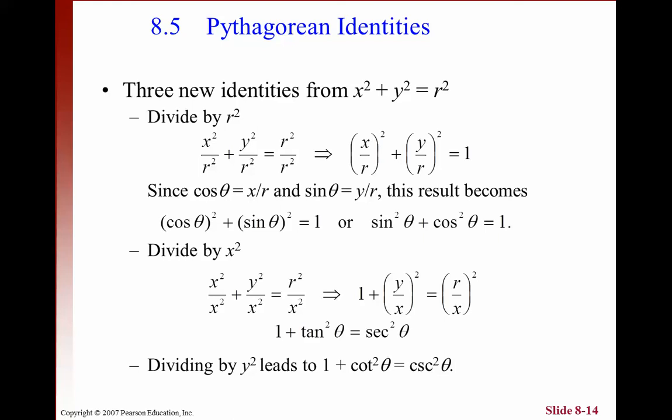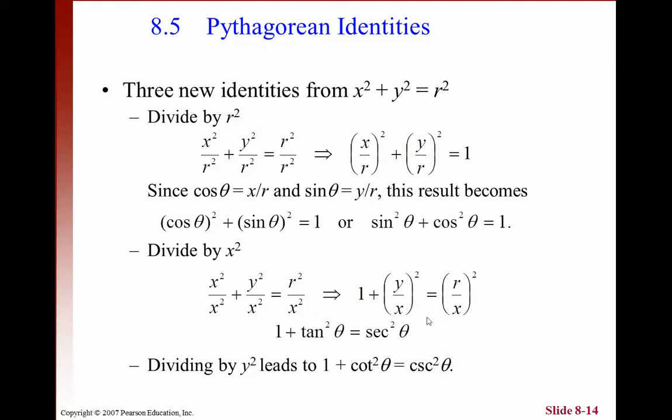It always equals 1. And it's more commonly written like this, where sine squared theta plus cosine squared theta equals 1. But it means that the cosine of the angle is squared and the sine of the angle is squared. It's written like this, but it means this. Okay, so we can do a couple other identities if we divide by the other variables here.